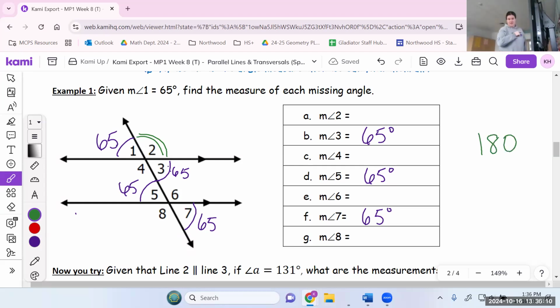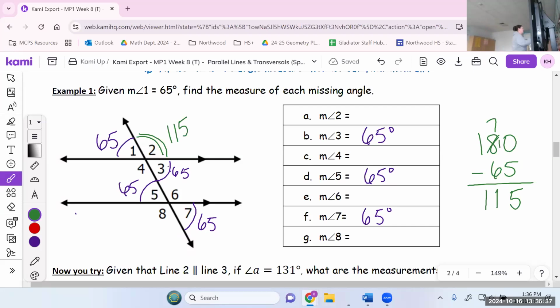It means it's 180 degrees. So if 1 and 2 together are 180, I know that 1 is 65. I'm going to take that away, and that's going to give me what angle 2 is. I got to borrow or regroup. What did you all call it? 115, right? So this bit is 115.